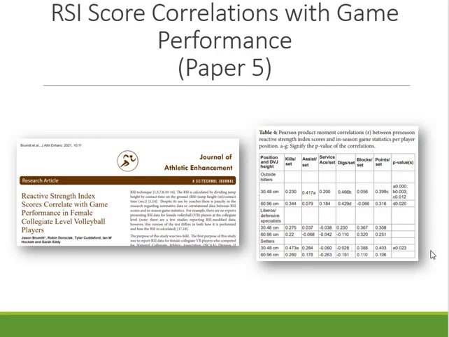And then we also see that down here with the setters. The setters who had better reactive strength index scores had a moderate correlation between kills per set and being a setter.